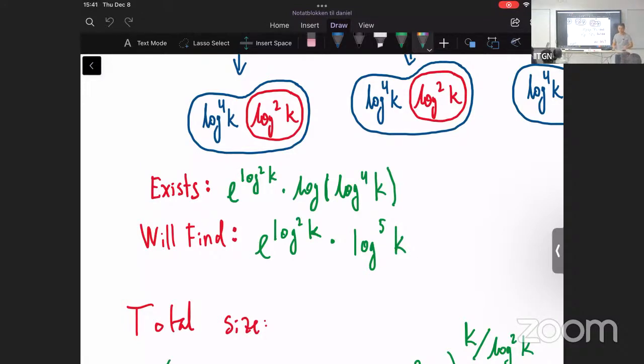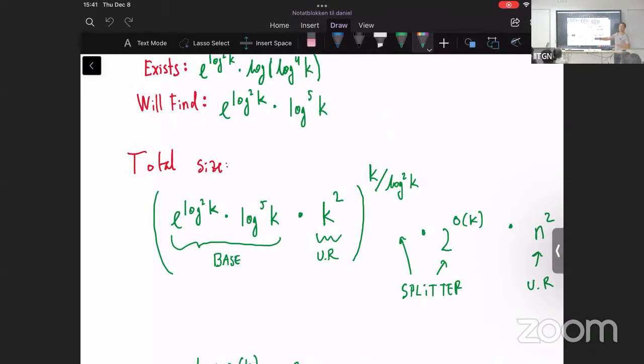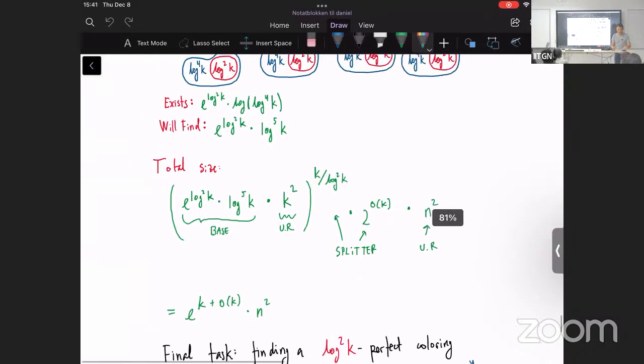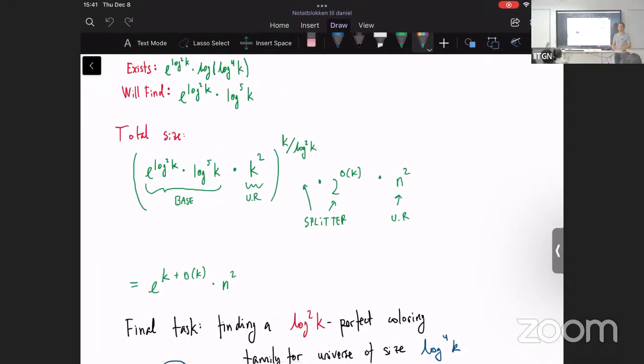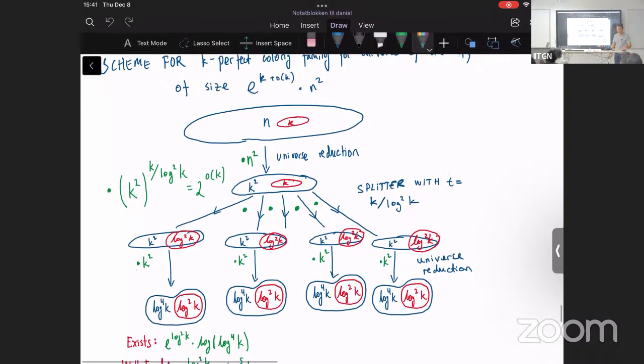Suppose I'm able to do this, then you multiply together all of the green things you saw up there, and you'll see that what you will end up with is precisely e to the k plus little o of k times n squared. I've already done this exercise. I'm not going to do it again. I don't think it's particularly insightful. When you just multiply all of the things together, you see what you get, then it's the right thing.